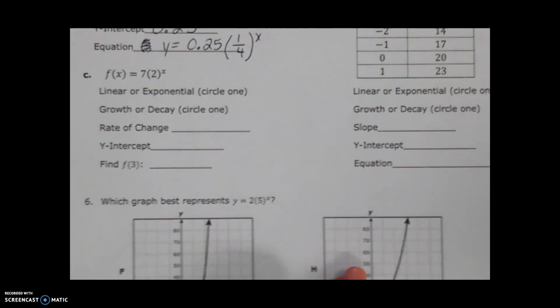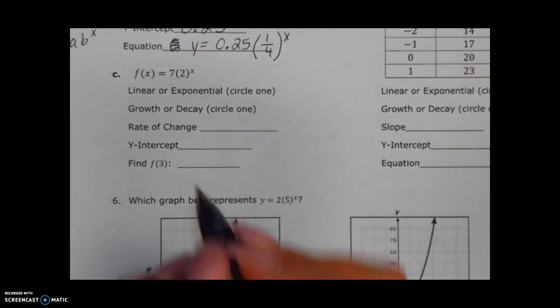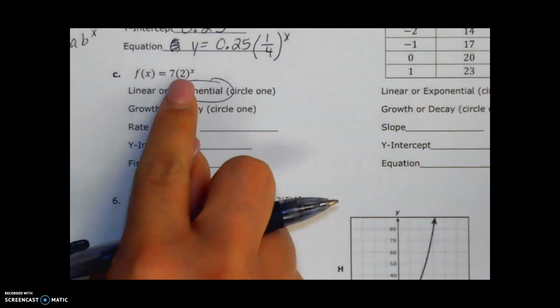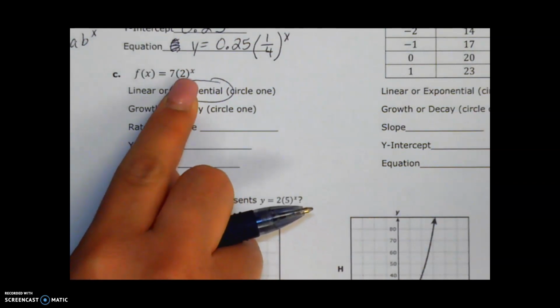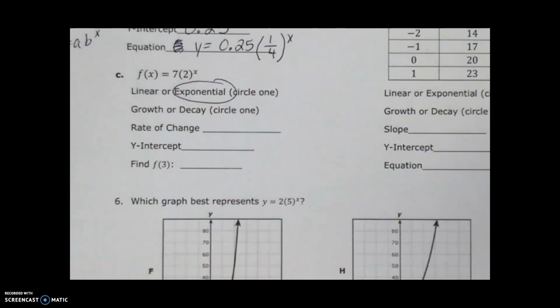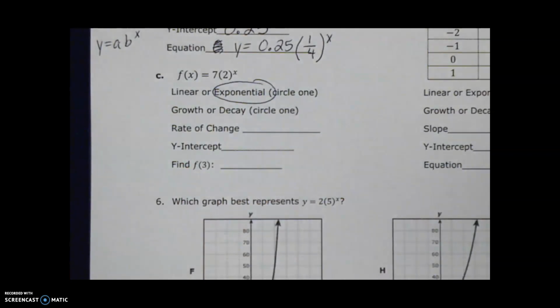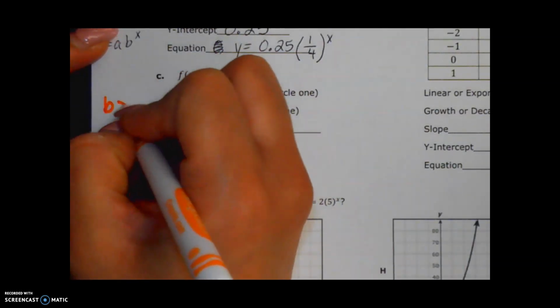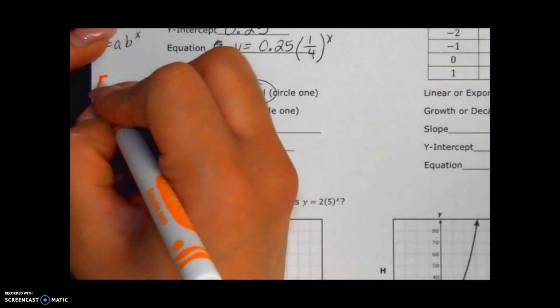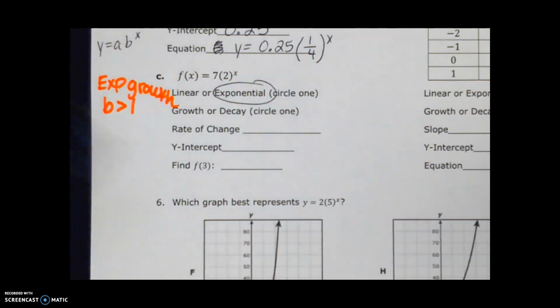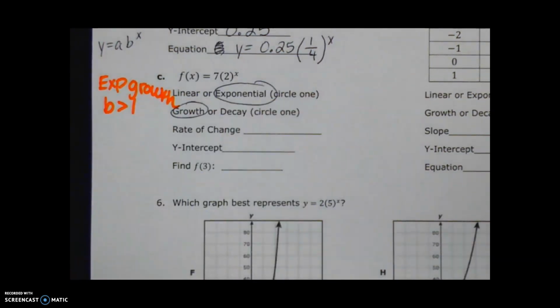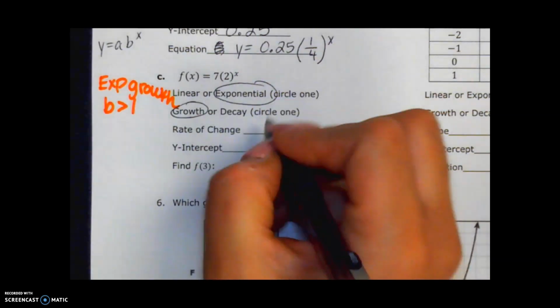-4. All right, C, I can automatically tell that that is exponential just by the equation itself. I can look at the growth rate, and since it's bigger than 1, it's going to be growth. Now let me make a note of that. B is bigger than 1. It's exponential growth. My rate of change is going to be that 2 right there.